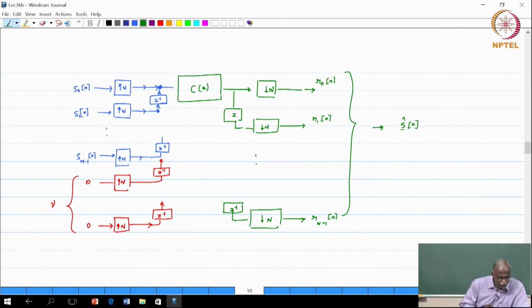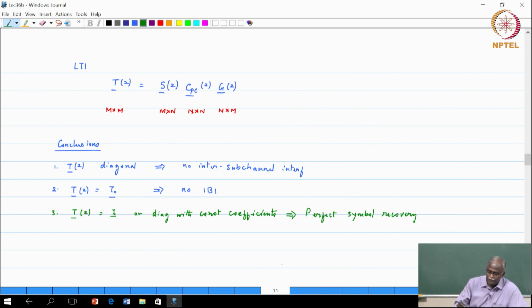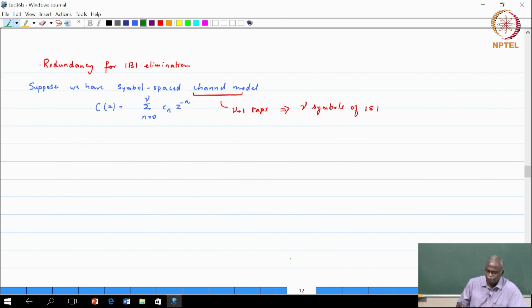Okay. So, this is a good point for us to summarize and say, now we have a good handle on the ability to work with zero padded systems and how it all works together, why we are able to get a very clean solution. By the way, we can go back and expand on these in terms of the C of z. Now, this is the channel model. C of z is the sum from n equal to nu of C of n z power minus n.